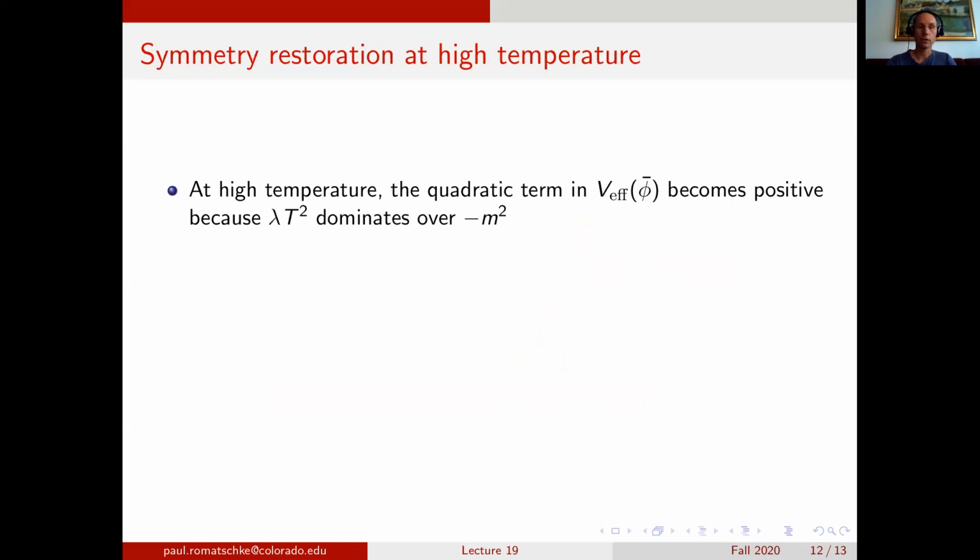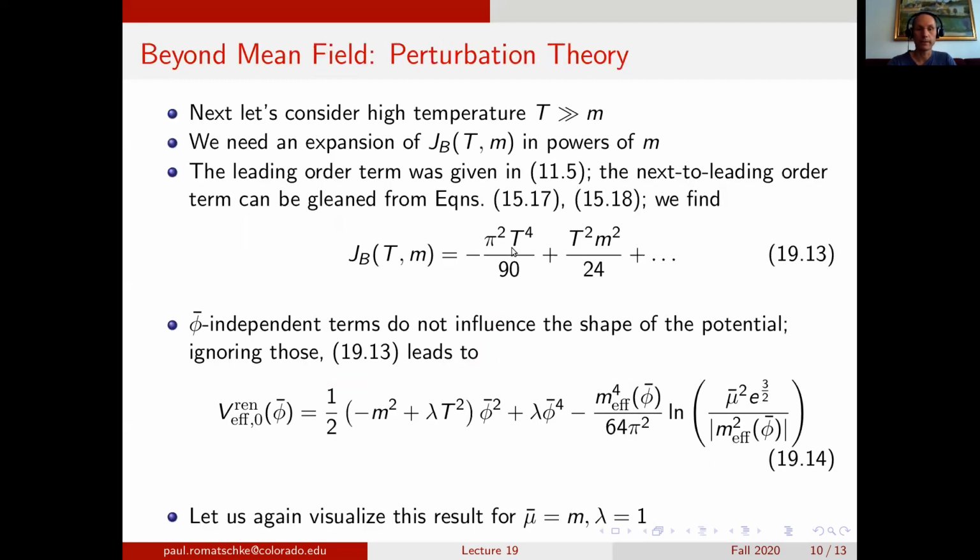The reason that the symmetry is restored is that at high temperature the quadratic term in the effective potential becomes positive because the temperature dependent effect dominates over the minus m squared. We can look at the explicit expression in 19.14 where we have the quadratic part in the field phi bar, and the coefficient of this is given as minus m squared plus lambda T squared.